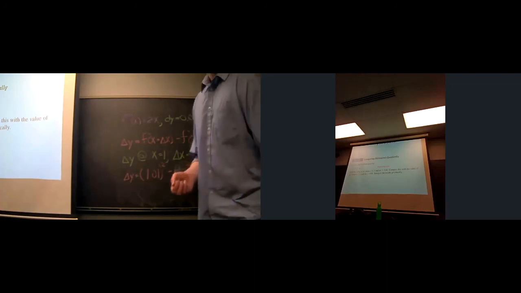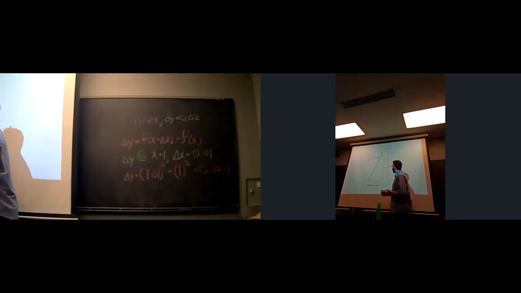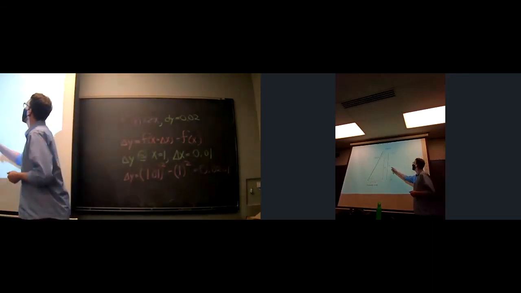What we're doing is evaluating the way error changes. If we look at this graphically, setting delta x and dx equal to 0.01, the way dy changes is slightly different, slightly larger than the way delta y changes.